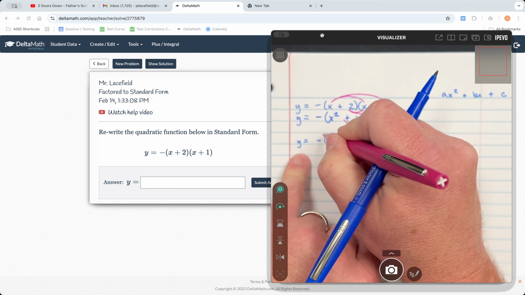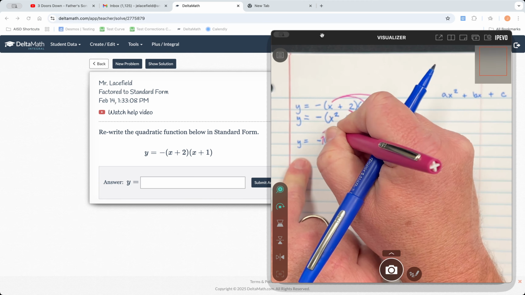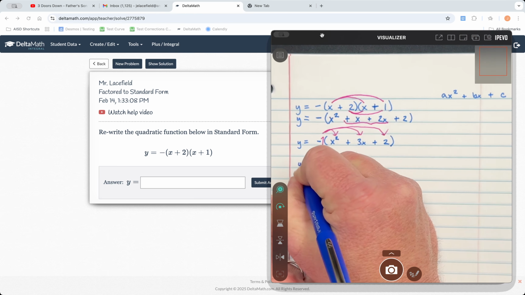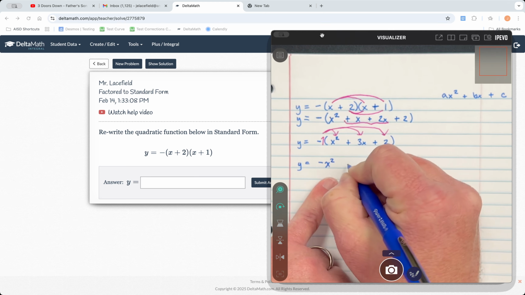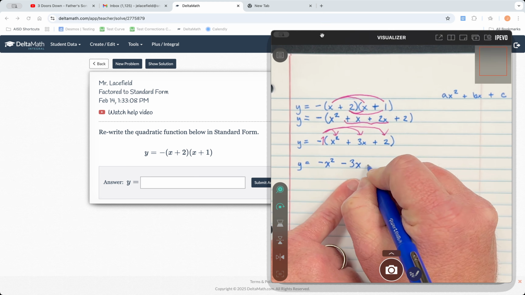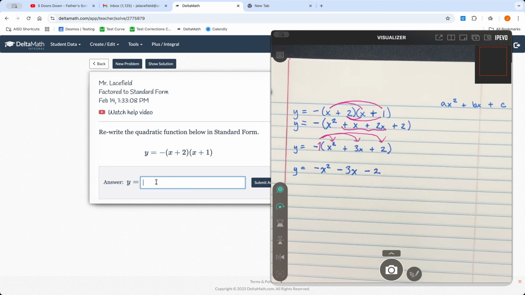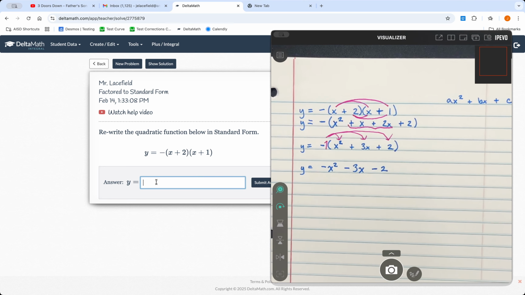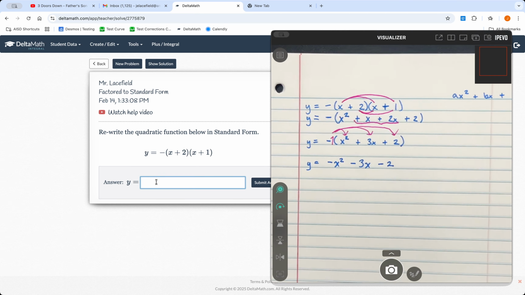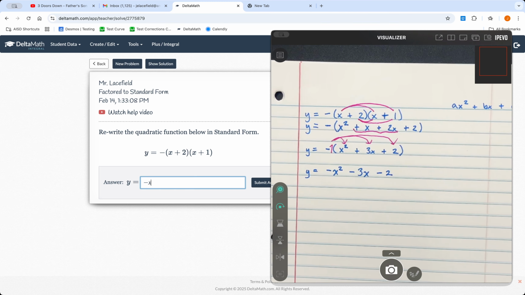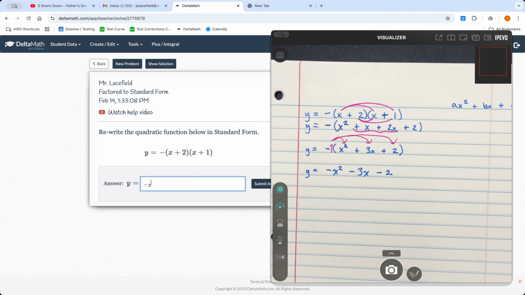And then the final step is to distribute this -1 throughout, which means that we're going to be left with y equals negative x squared minus 3x minus 2.